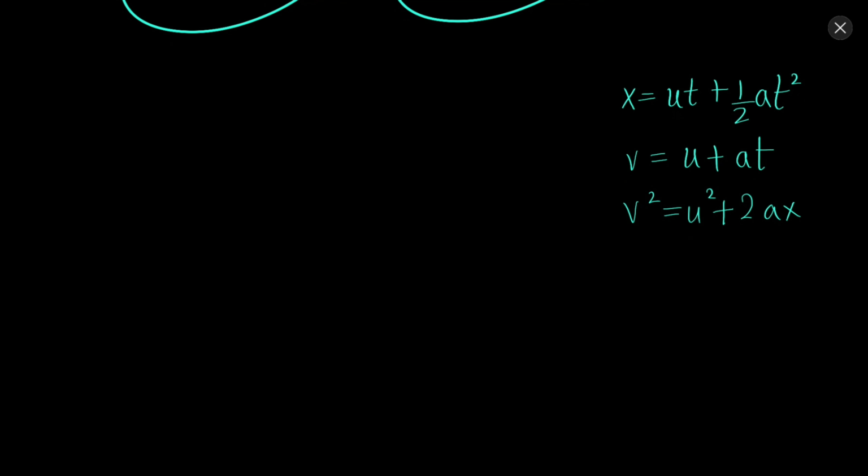Similarly here we will have the angular analogy of these equations. At place of displacement we will get angular displacement, at place of velocity we will get angular velocity, and at place of acceleration we will get angular acceleration. Time will remain as it is. There is no such thing as angular time.